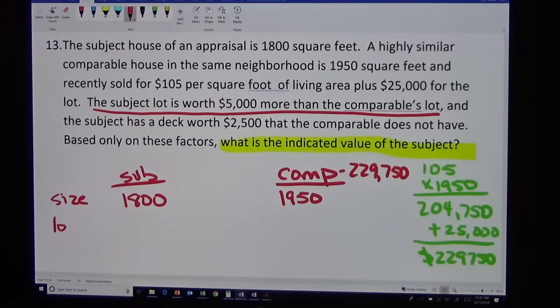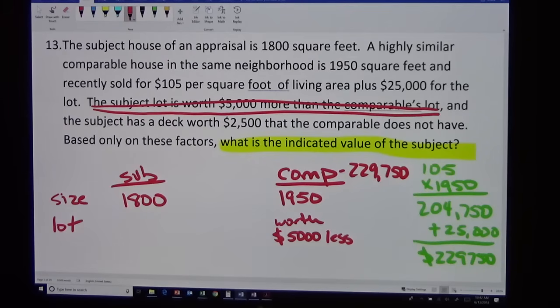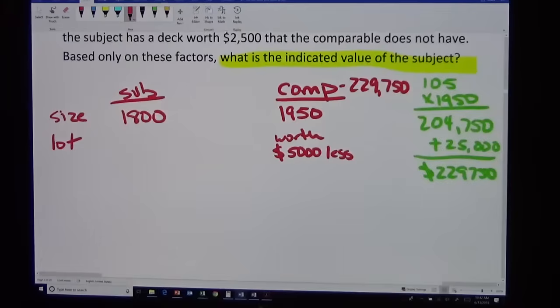So we're going to put lot here, and under the comp, we're going to put worth $5,000 less. That deals with that. It says that the subject has a debt worth $2,500 that the comparable does not have. So debt, the subject does have a debt, the comparable does not. So no.